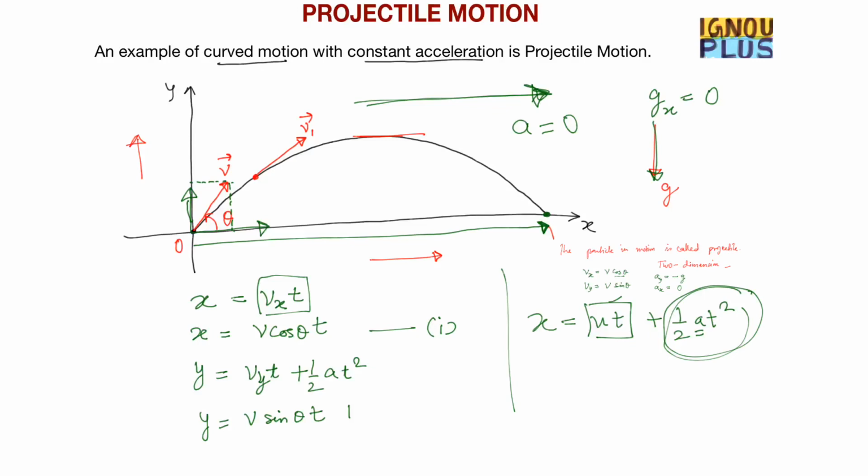Now let us see what a is. I already told you that a is ay, because we are talking about ay. ay is actually minus g. So this will be minus half gt square. So this is your y-axis.